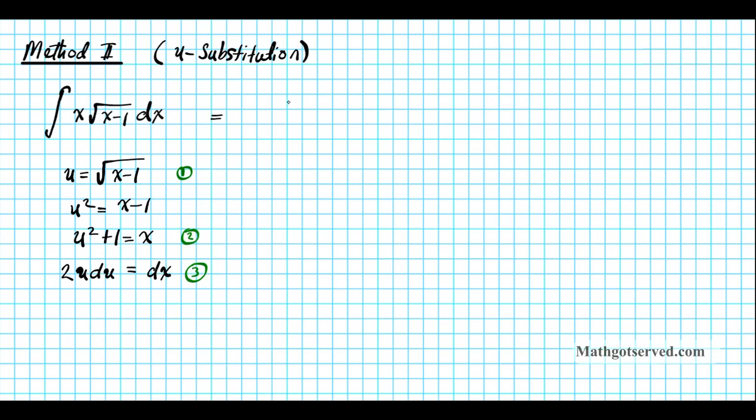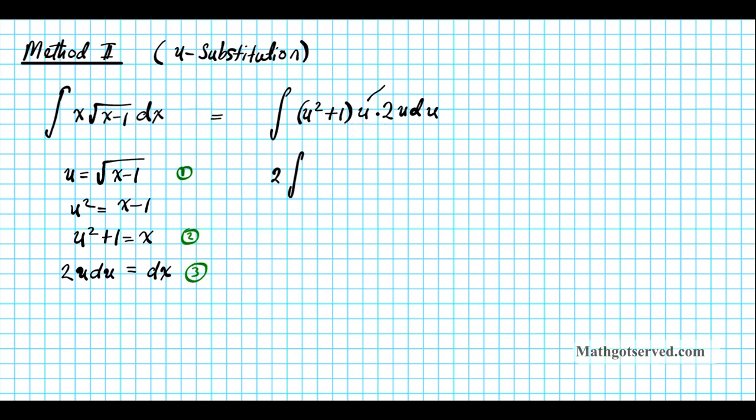Alright, so this is going to become the integral, the x piece becomes u squared plus 1, and then the square root of x minus 1 piece becomes u, and then dx, don't forget the 2, is 2u du. Okay? Now we can factor out a 2, take out 2, and then distribute the u's.